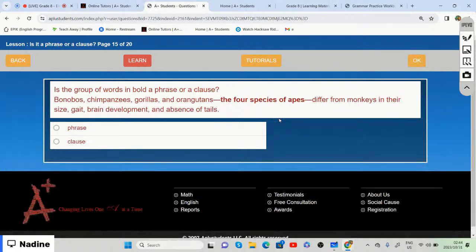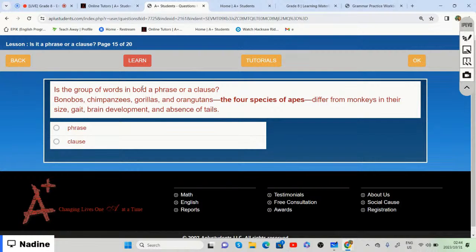And then we need to say if the group of words in bold is a phrase or a clause. Bonobos, chimpanzees, gorillas, and orangutans.